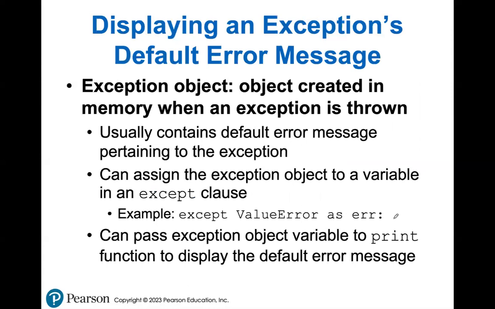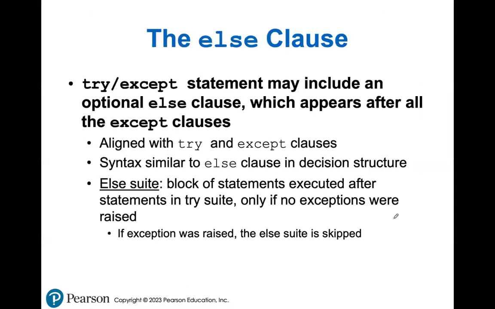Try, else. You can also add an else block at the end if there are no exceptions. So if there are no exceptions that occurred, you can put an else block inside of that, and that else block will execute right after your try block stopped executing.